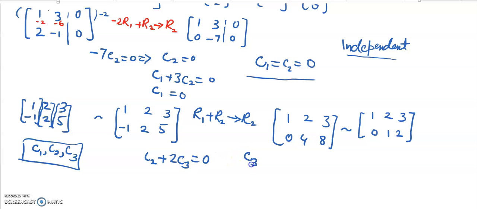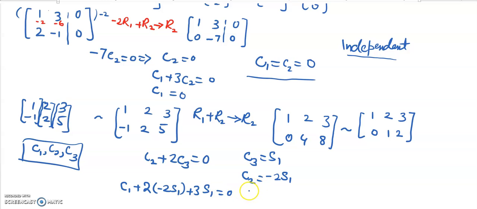So C3 we will take as a free variable S1. And C2 will be then minus 2 C3, so it will be minus 2 S1. And then C1 will be, from the first row, so for first equation, it will be minus 2S1 plus 3S1 equal to 0.